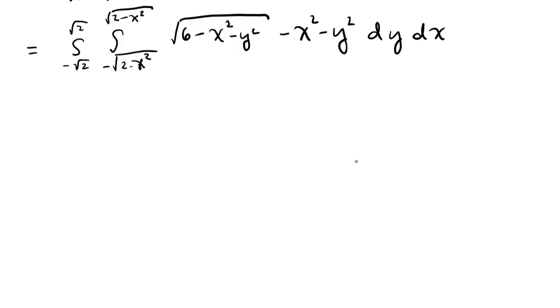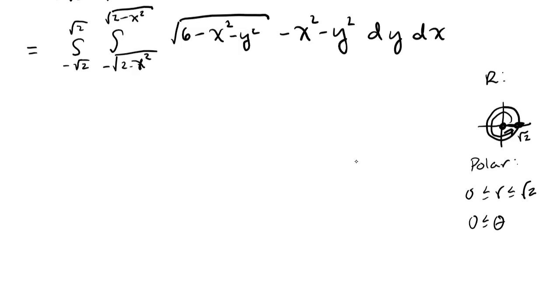So if we look back at that region R, R was circular with radius square root 2. So if I instead switch over to polar, then we can see r goes from just 0 to square root 2, and then we can let theta swing all the way around, a full rotation.